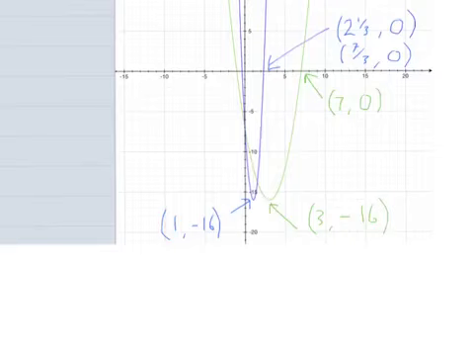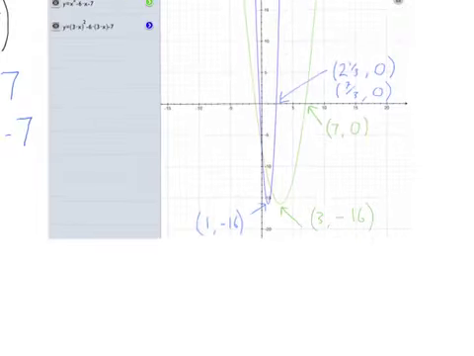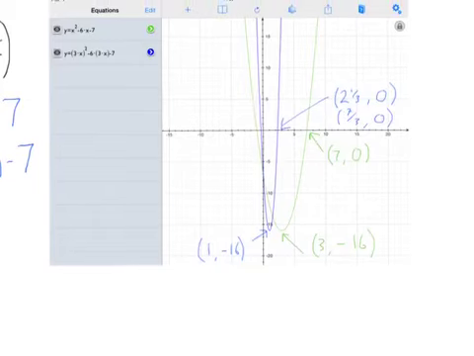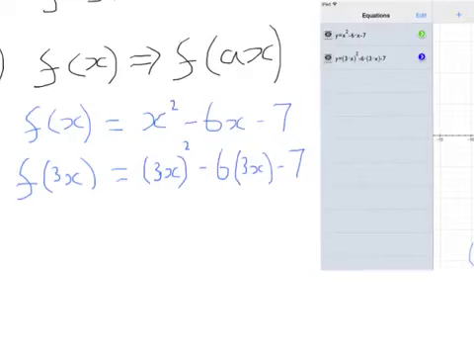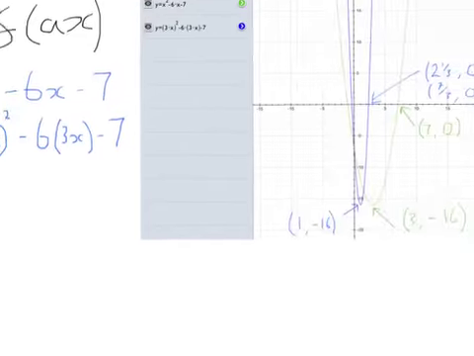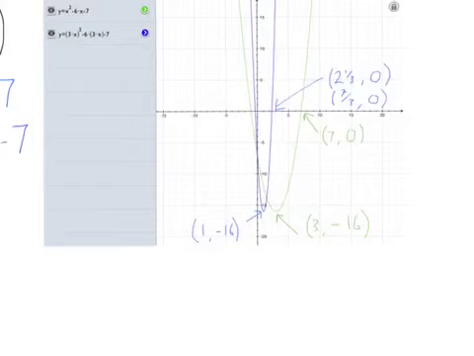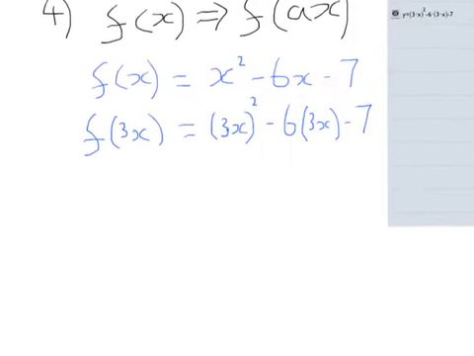So how does that relate to what we're dealing with? Well, we said it is our function times 3x, function times 3x within that bracket. So the effect is, on the function, we multiply all of our x's by 3, but what's happening is we're seeing all of our x-coordinates over here being divided by 3, and so we call this one a vertical stretch.